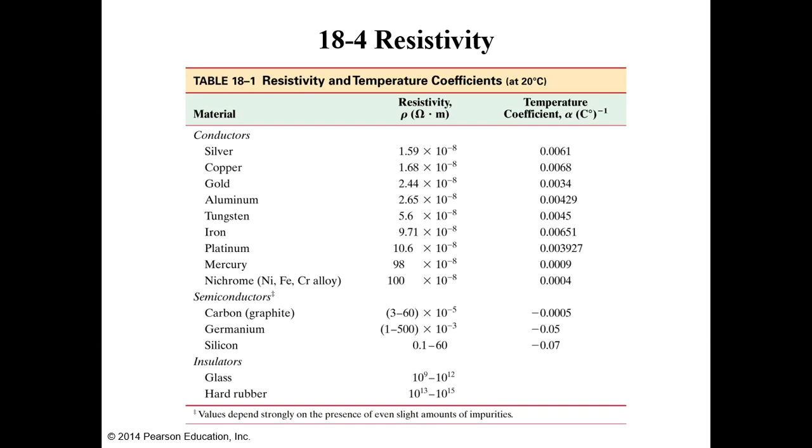Here, this is a table in your book, table 18-1. You'll want to note this because you will have homework questions where you need to find the resistivity of certain objects. And that resistivity you can find in this table in your textbook. And so you have all of these values for your resistivity in this column for all the materials on the left side.